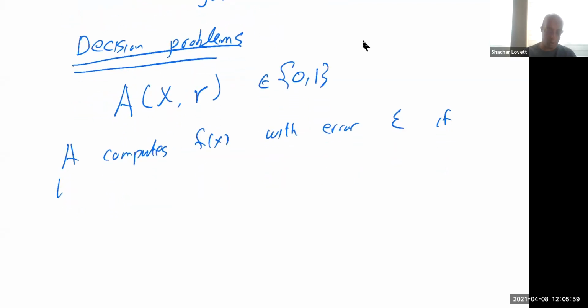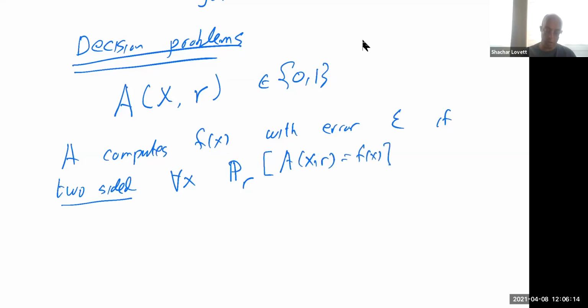The two-sided notion, let's say the weaker notion, says that for every x, the probability over randomness r that A(x, r) equals f(x) is at least 1 minus epsilon. This is the most standard notion of randomized algorithms. For every input x, there is no randomness over the inputs. For every input x, the algorithm provides the right answer with high probability over the internal randomness of the algorithm, except that now we're providing it externally.